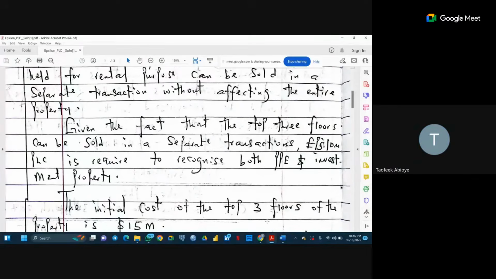Epsilon is just one, but they let us realize that the 3 buildings can be separate from that one building that Epsilon is using, and we can determine the value separately. Because they told us clearly, it's now very easy for us to say that so far we can determine the value separately, then we can recognize both PPE and investment property.